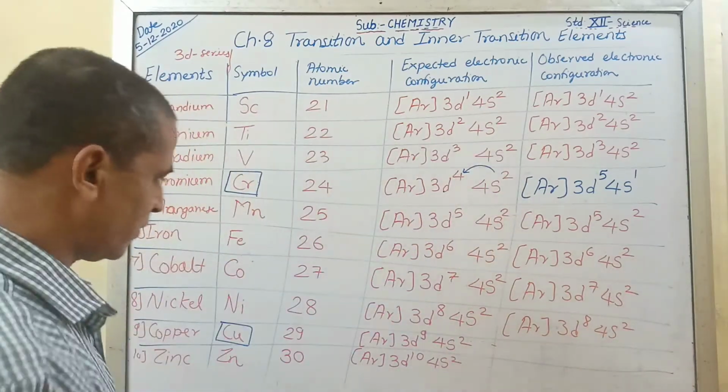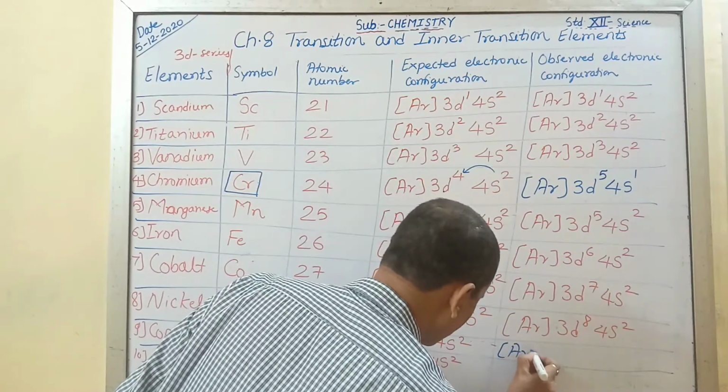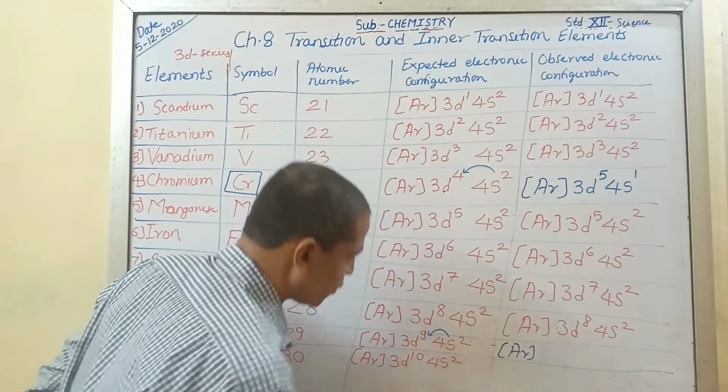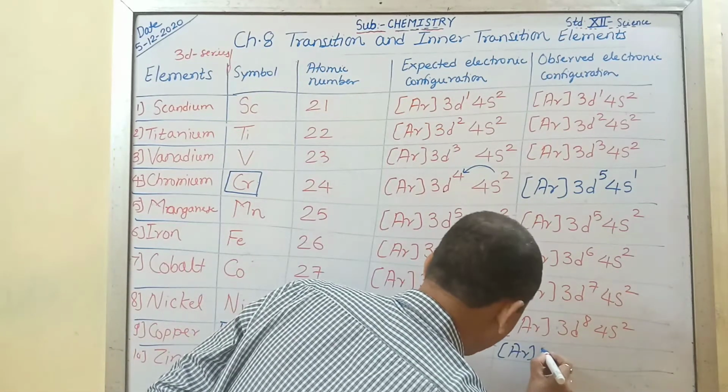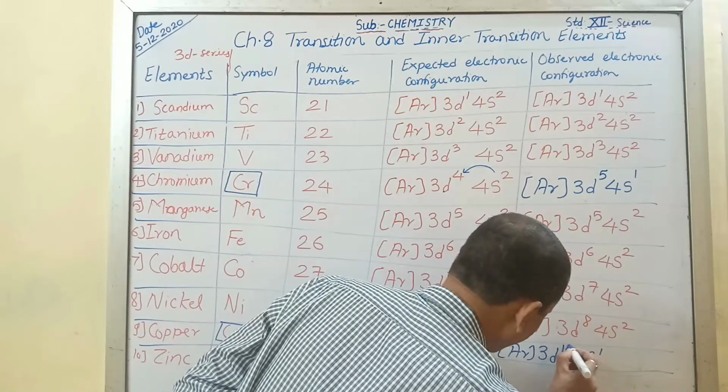Now see copper. Here one of the electrons from 4s enters the 3d orbital to provide extra stability, so it becomes 3d10 4s1.